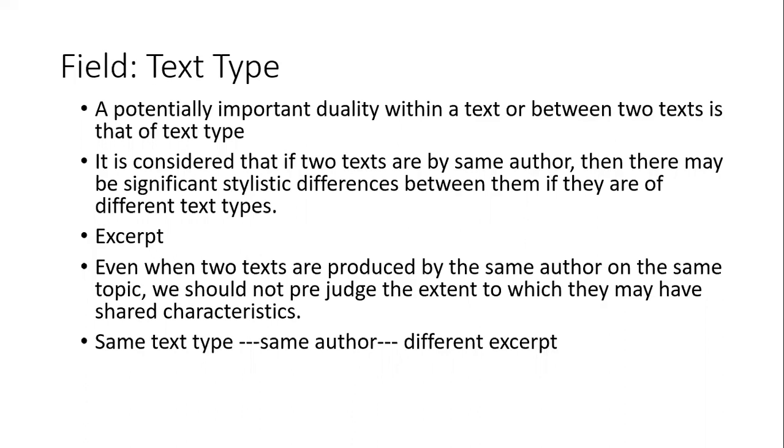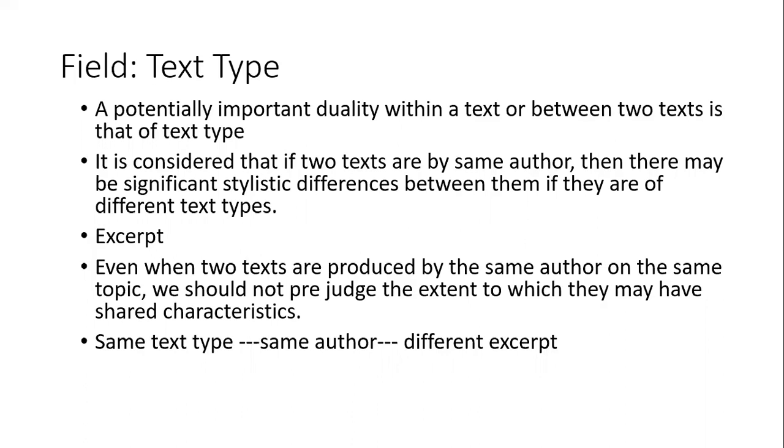That is field. A potentially important duality within a text or between two texts is that of text type. Now, what is duality? Duality is when in one text you have two different ideas. That is duality. It can be based on two different thoughts.